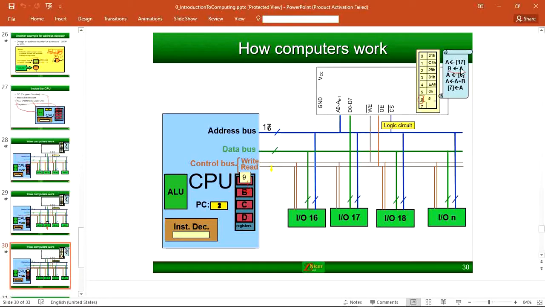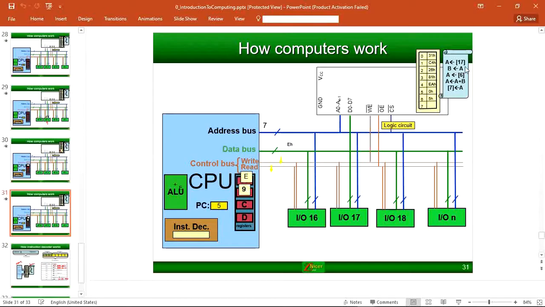And now the next operation is that we have to move this A to the B. So in the next operation, A is moved towards B, and after this I am performing the first operation. When I am performing the first operation, my program counter moves towards 2 because it shows our next operation.